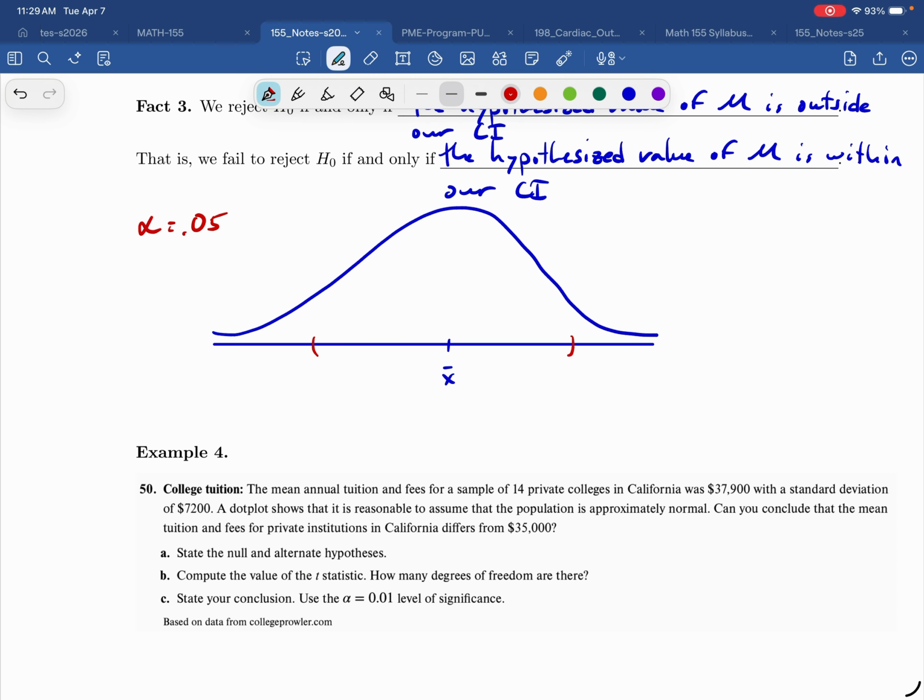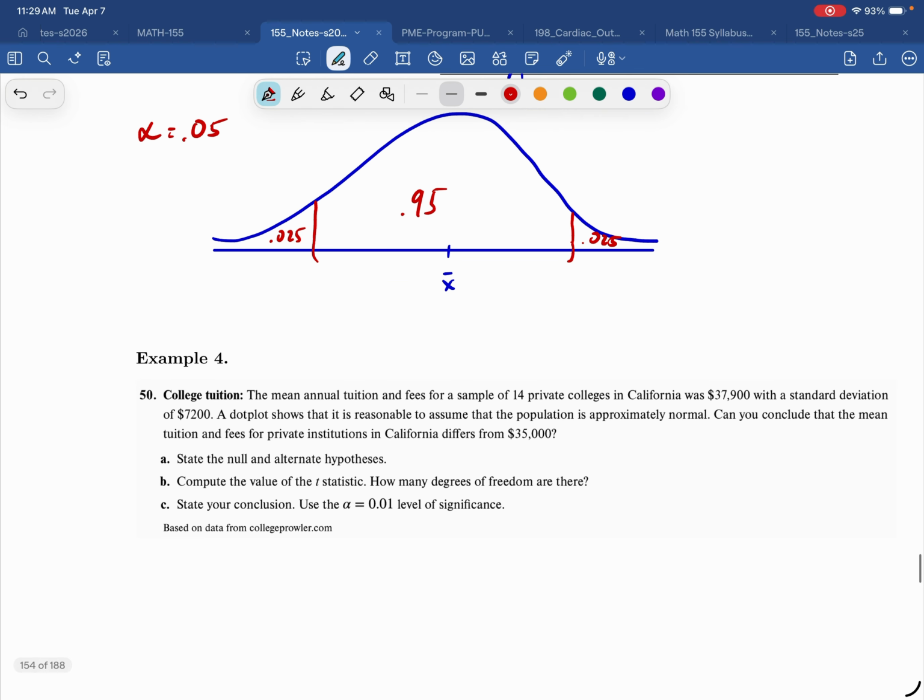Now, depending on the situation, it could be that this area is 0.025 and this area is 0.025. This right here is going to be 0.95. And we're rejecting the null hypothesis when our value effectively corresponds to something outside our confidence interval.